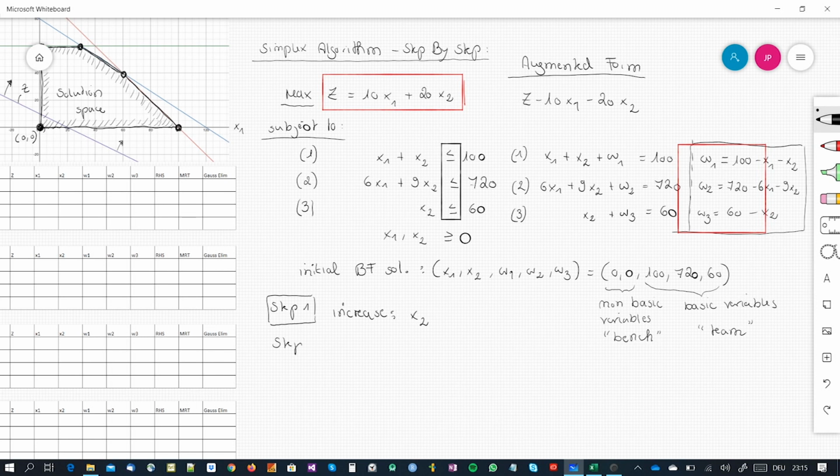Step 2 is now to ask by how much we can increase. And once again, the slack variables will help us to decide until when we can do this. And we would perform for that the minimum ratio test.